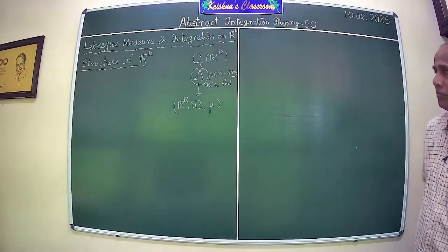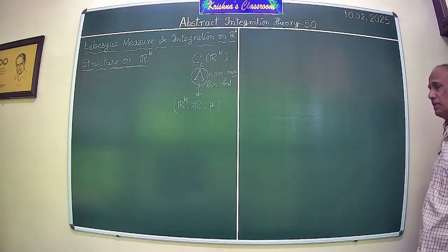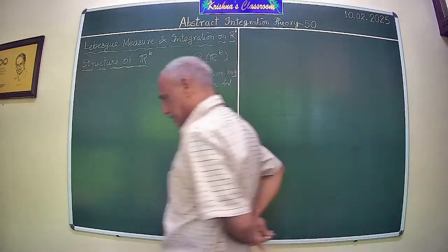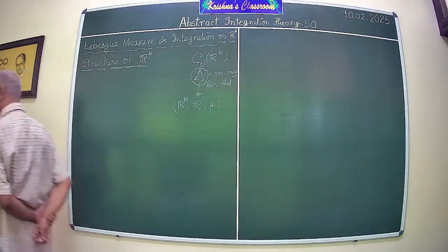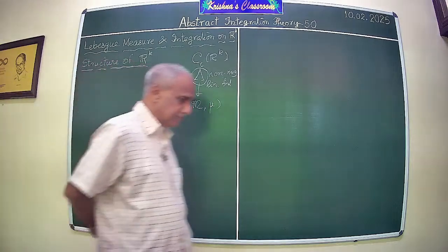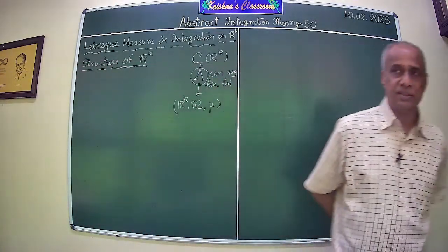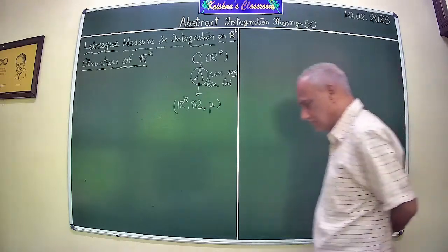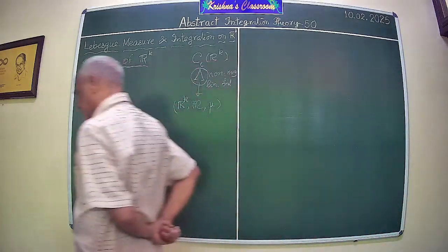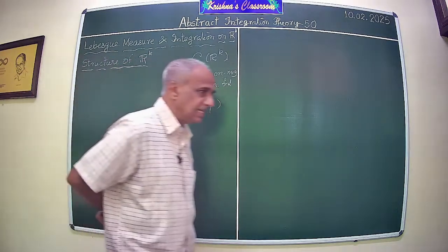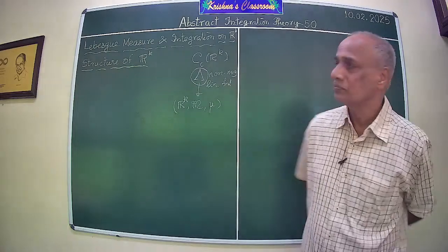How do we do that? Because you know that the Lebesgue measure has certain nice properties, namely, if some subset is measurable, then every translate of that is also measurable, and the measure of the measurable set and its translate are the same.